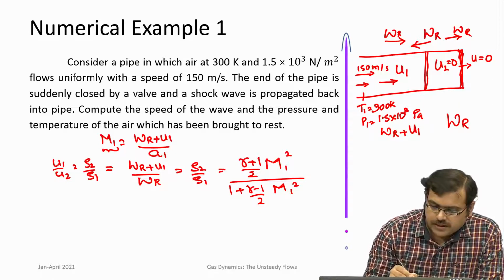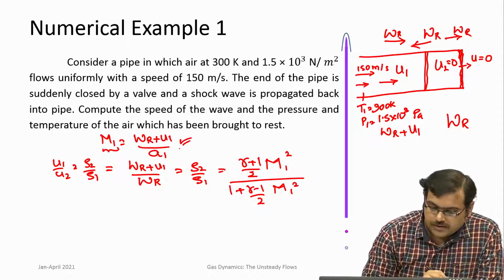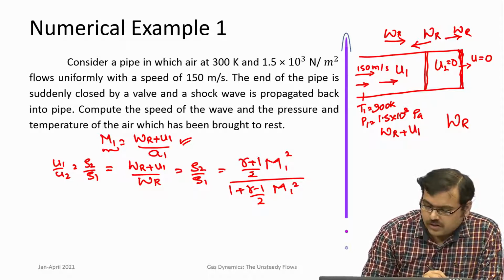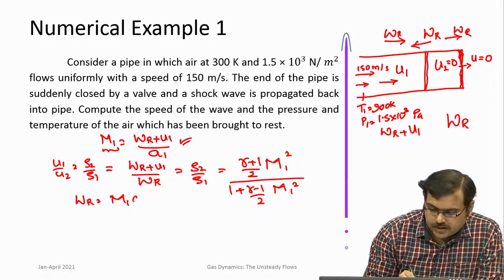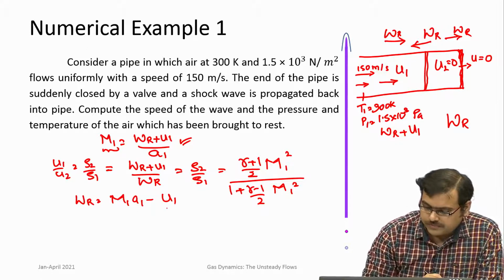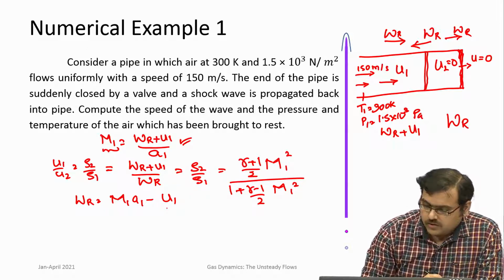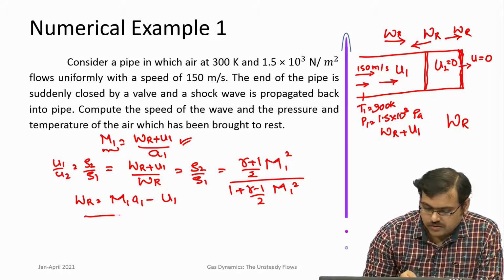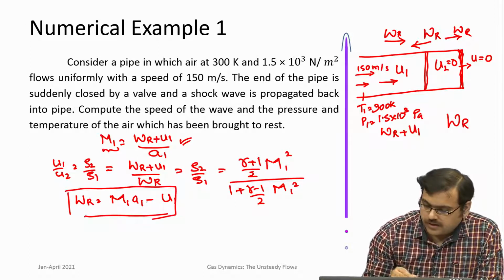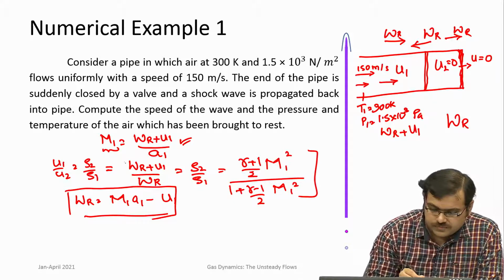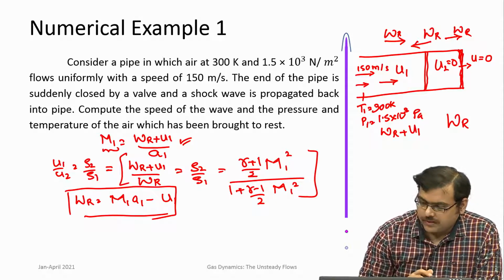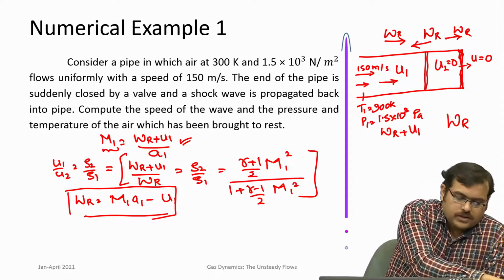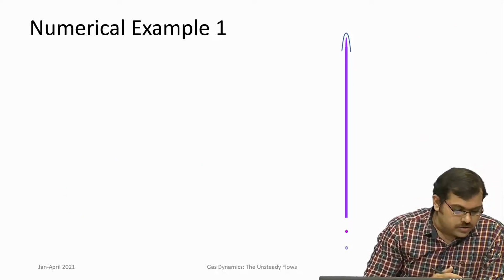Okay. Now we know that this is the equation for M1, can we express Wr in terms of M1? You can write it, Wr is M1 a1 minus u1. Once this is known, you have this and you have this relation, so we can put them together.